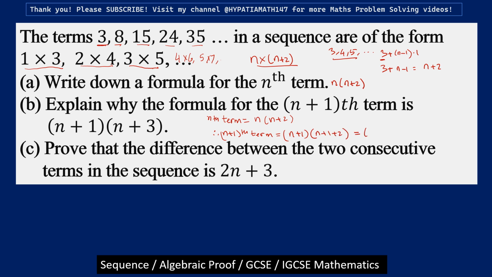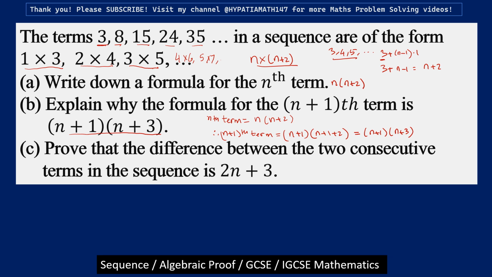So that would equal n plus 1 times n plus 3. So that's proved.